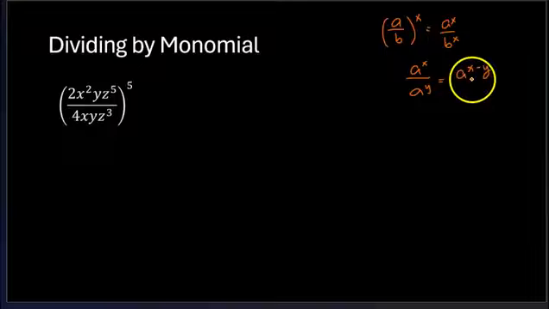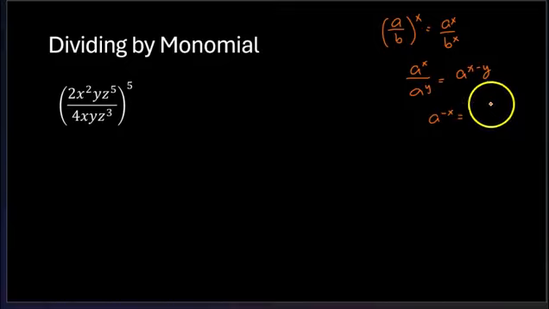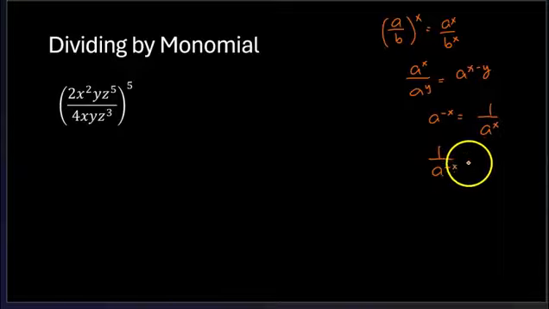Now, we just want our final answer to be with positive exponent. We can do that because if we have a negative exponent, we can write a to the negative x as 1 over a raised to x, or if we have 1 over a to the negative x, we can express this as a raised to positive x.